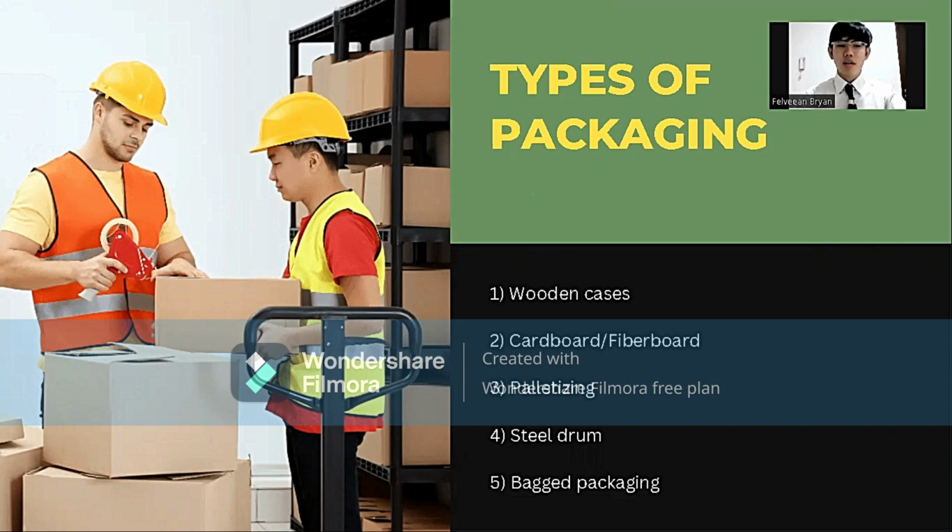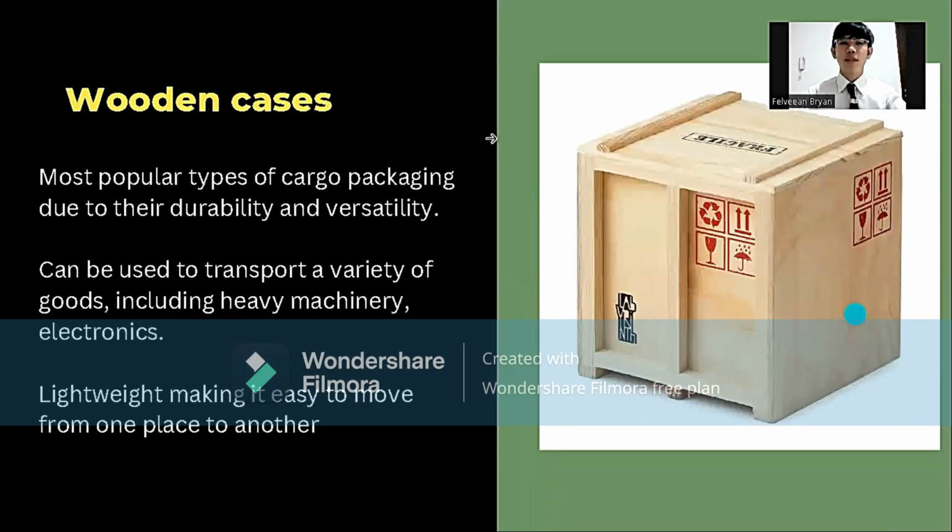Not only that, cargo packaging can also help to prevent loss or theft of cargo during shipping activity, regardless of ocean, air, and land. So there are 5 different types of packaging, and we'll go through them one by one. First, we have the wooden case package.